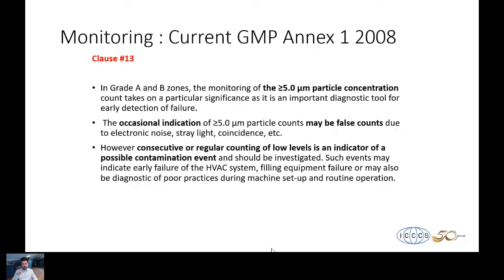If it's just a one-time issue, then no problem. However, consecutive or regular counting of low levels is an indicator of a possible contamination event and should be investigated. Such events may indicate early failure of the HVAC system, filling equipment failure, or may also be diagnostic of poor practices during machine setup and routine operation. So this has to be investigated.